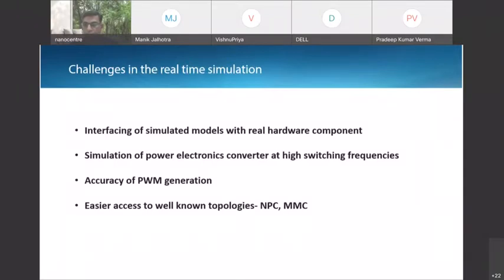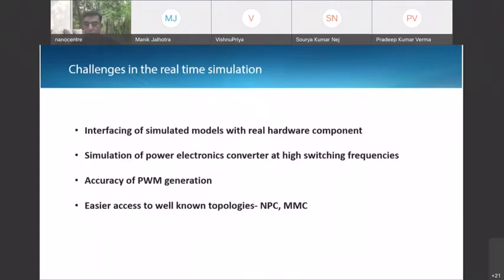The next is the simulation of power electronics converters at high switching frequencies. This is also one challenge, and one for which we provide a solution as a company. Then the accuracy of PWM generation. We'll even show this with an example, when we try to generate the PWM pulses in an offline platform, say Simulink.